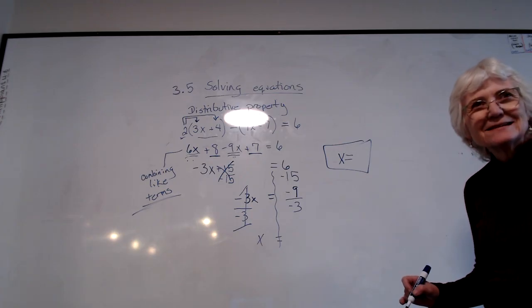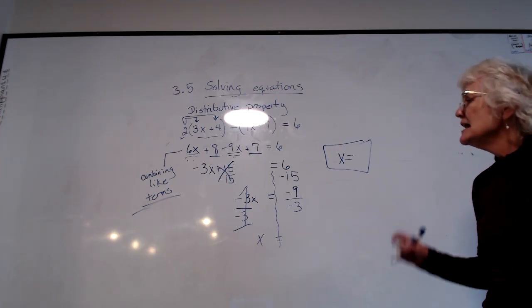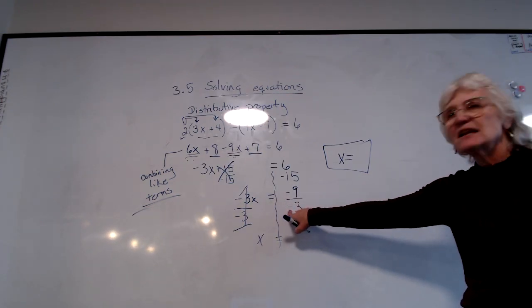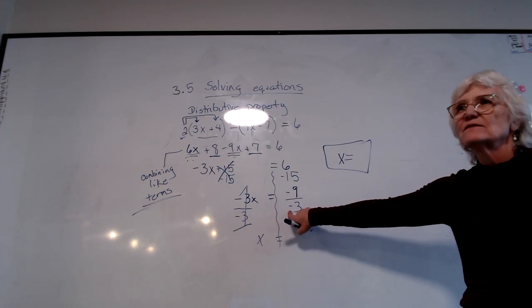What times 3 equals 9? Yes, 3. Now, the question is, if I'm dividing a negative by a negative, what kind of sign do I get for the answer?